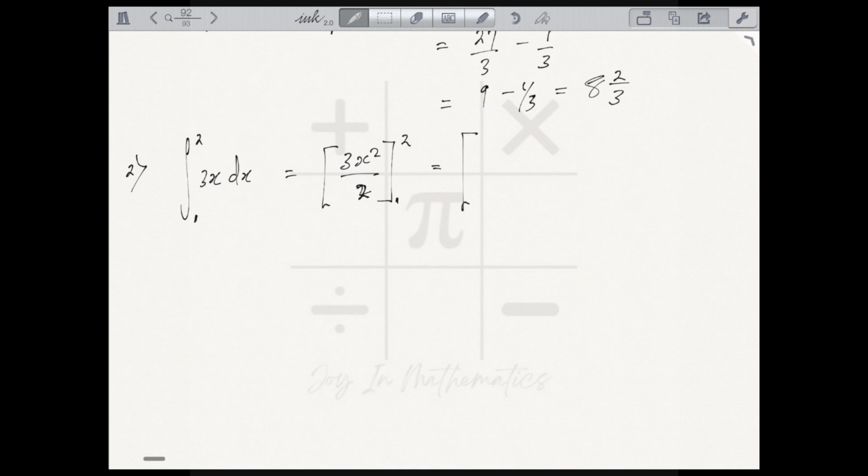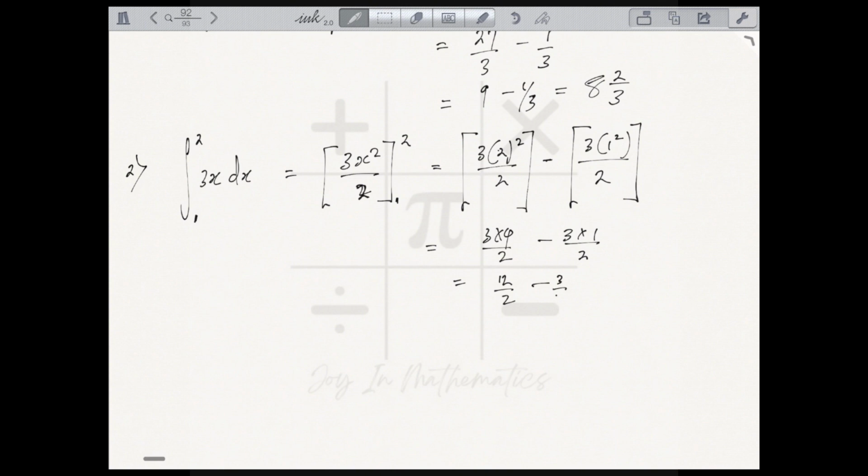That is 3 into 2 squared over 2, minus, we substitute our lower limit, which is 3 into 1 squared over 2. So simplifying this, we will have 3 times 4 over 2, 3 times 1 over 2, and this is 12 over 2 minus 3 over 2. This is 6 minus 3 over 2, and it will give us 4 1 over 2.